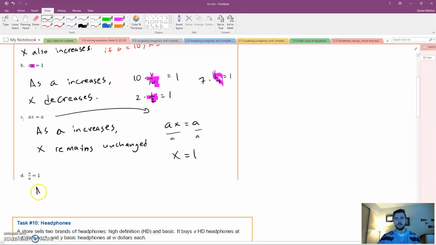For the last one, turning the page on my answer key, as a increases, x also increases. As a increases, x also increases. This one's related to the first one.